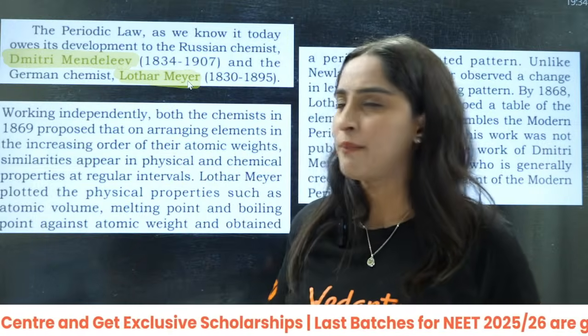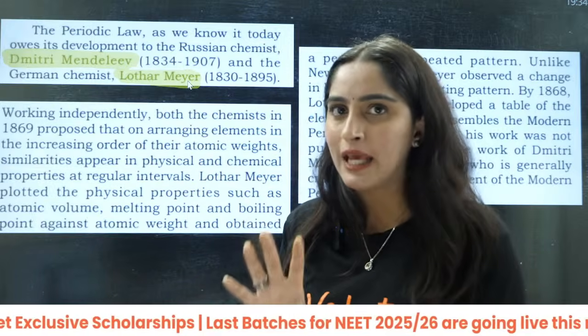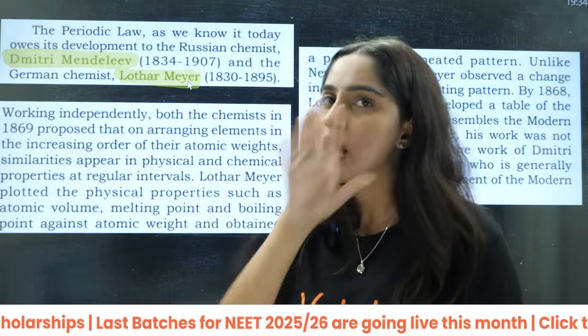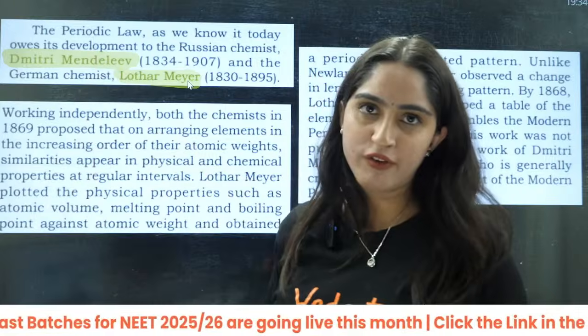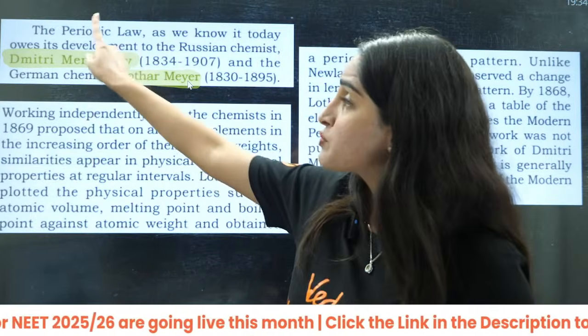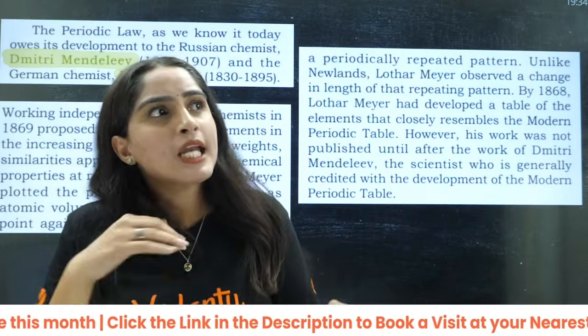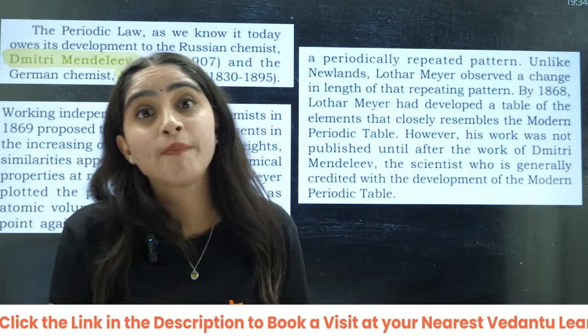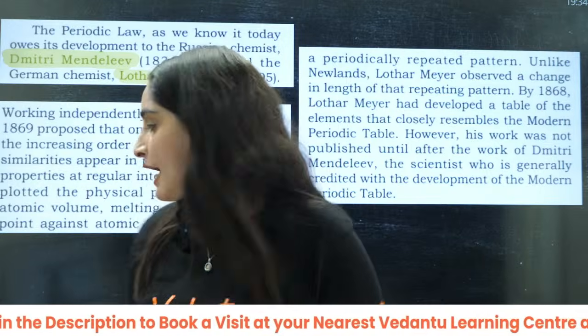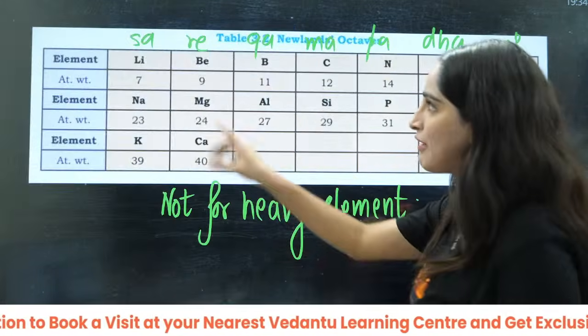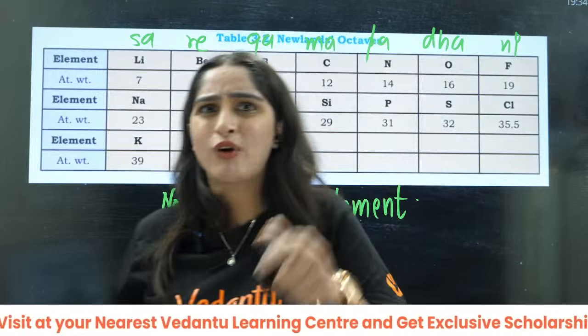What exactly happened? Lothar Meyer made the graph first, and he submitted it first, but Mendeleev's was much easier, because he made it in the form of a table. A table is very easy to understand as compared to a graph. If I make this in terms of a graph, you will get confused: ma'am, what is this, and this?